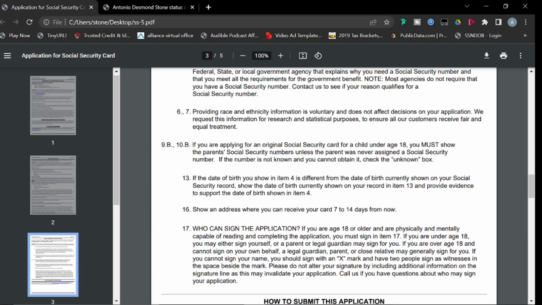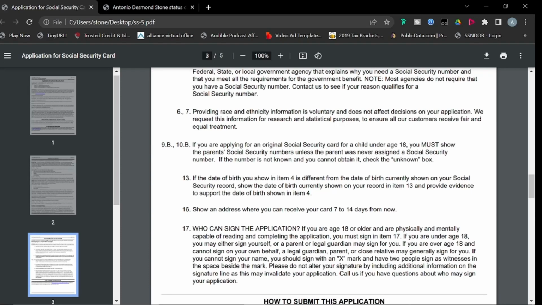Well, you cannot. That's true. Let me say, if you are over age 18 and cannot sign on your own behalf, a legal guardian, parent, or close relative may generally sign for you. It doesn't stop right there. They're just throwing you off.